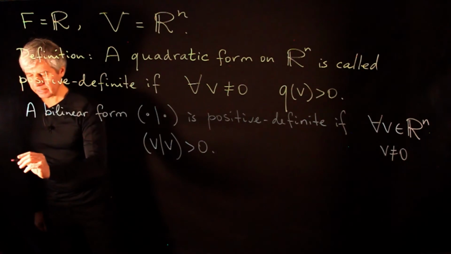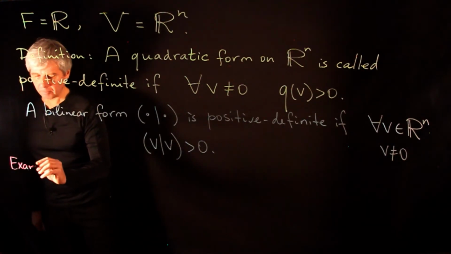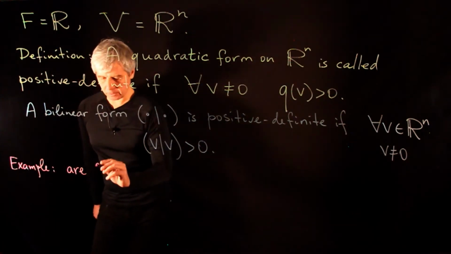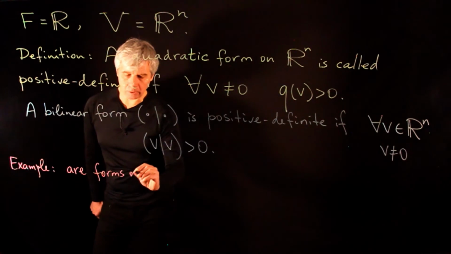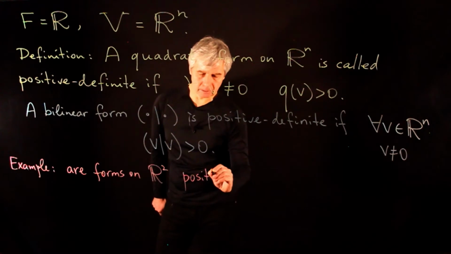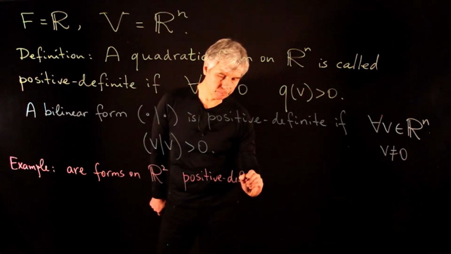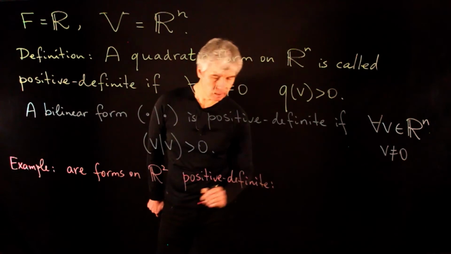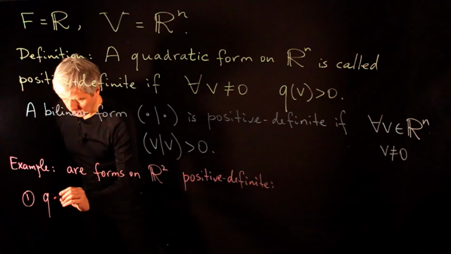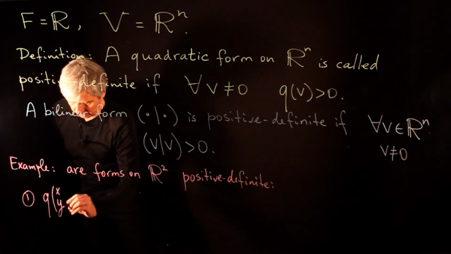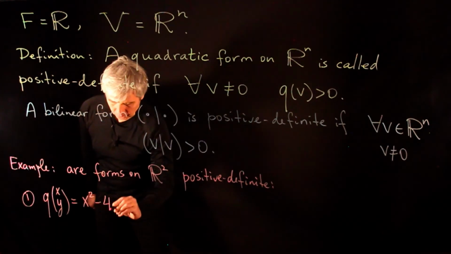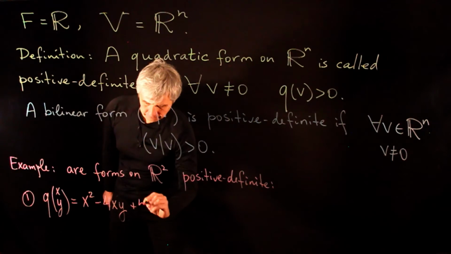Now let us consider an example. Are the following forms on R2 positive definite? In the first case, we take the form q of (x,y) equal to x squared minus 4xy plus 5y squared.